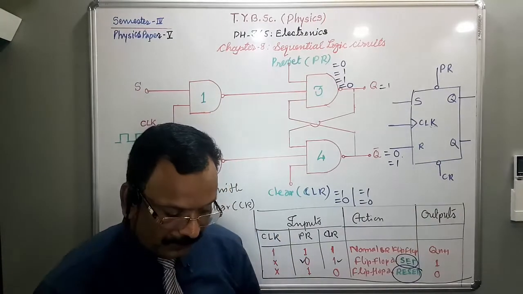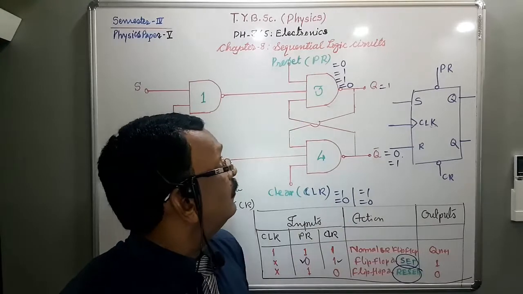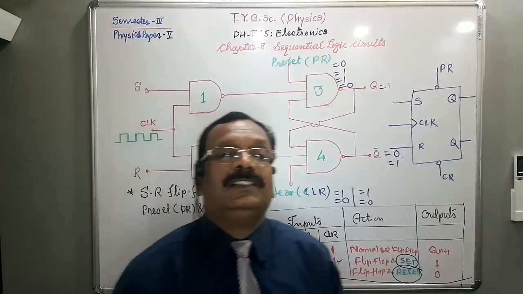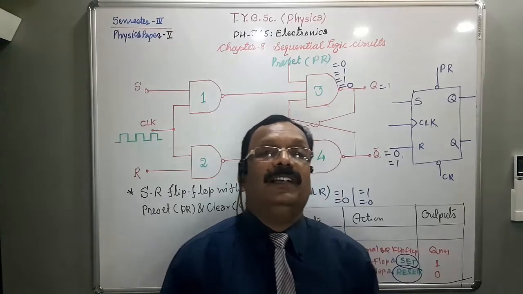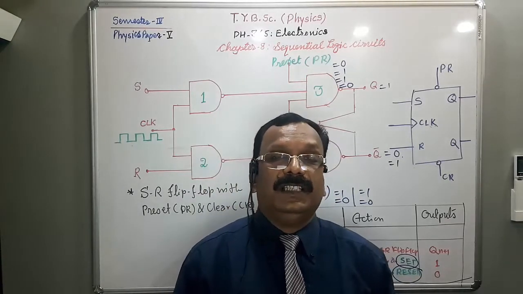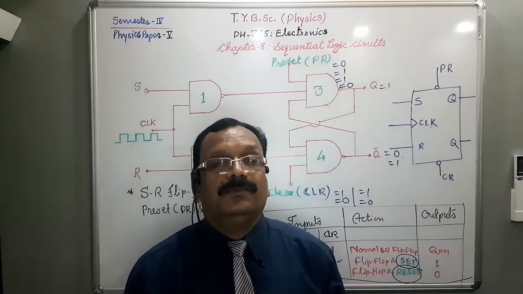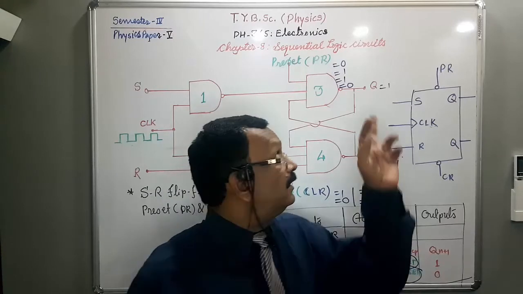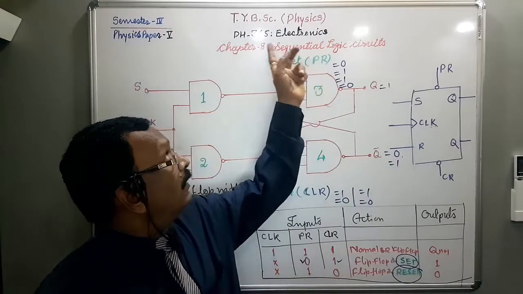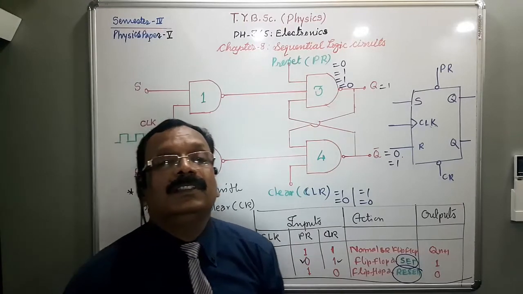In this way we completed the total chapter, that is sequential logic circuits, and we completed 100% of the syllabus of this paper, Essential Electronics First, okay, and the code of this paper is 354.